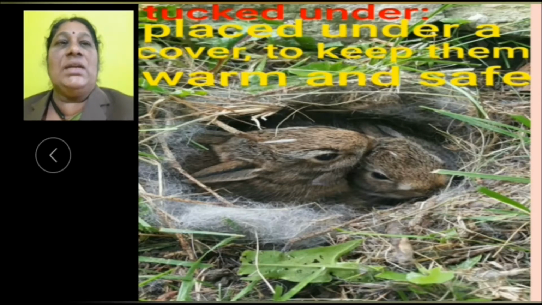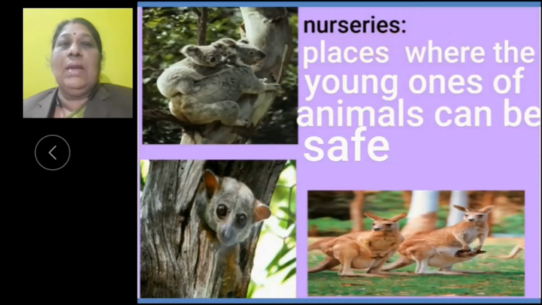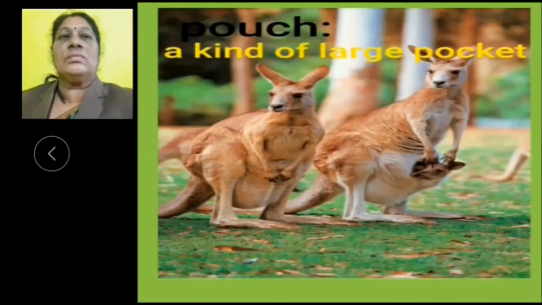Placed under a cover to keep them warm and safe. Nurseries, places where the young ones of animals can be safe. What is the meaning of nurseries? Places where the young ones of animals can be safe.